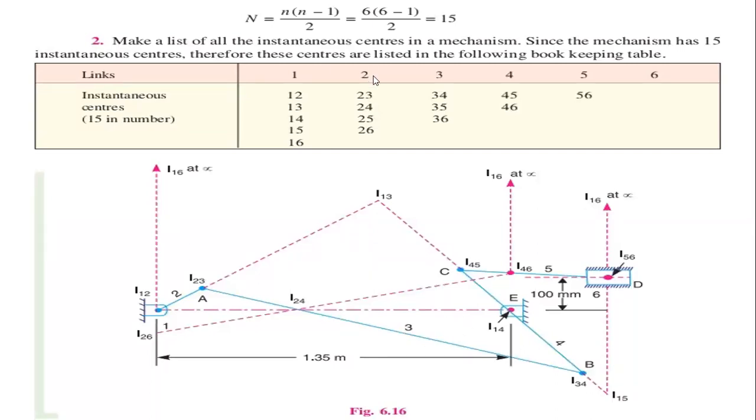From the second link we got 2 3, 2 4, 2 5, and 2 6, that is I23, I24, I25 and I26, and I25 is obtained from the fifth link.